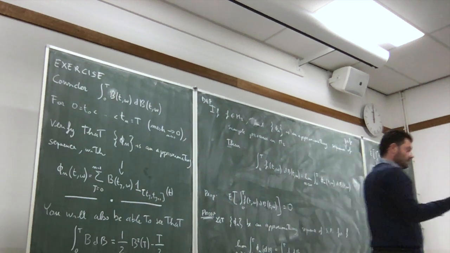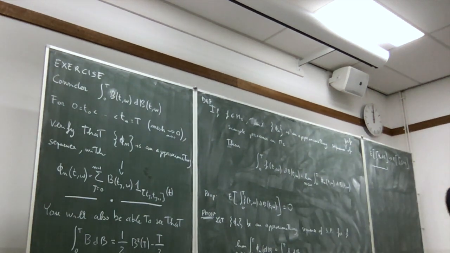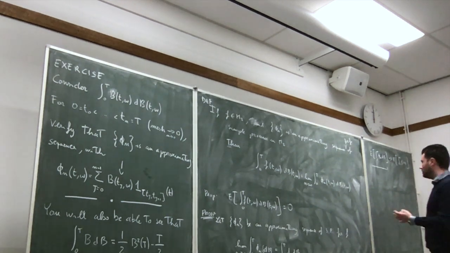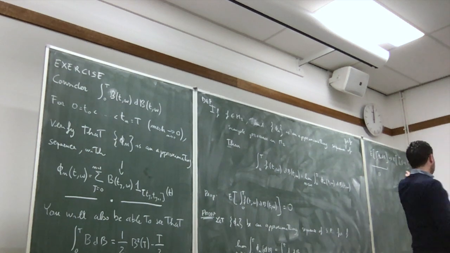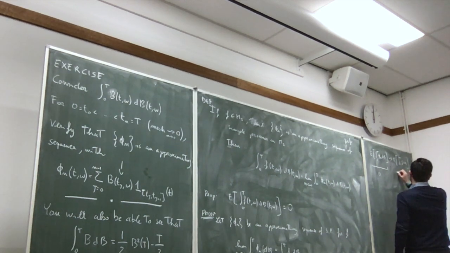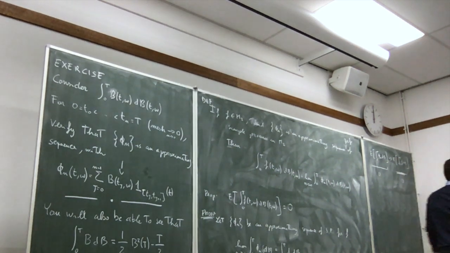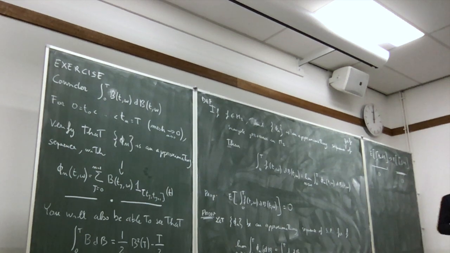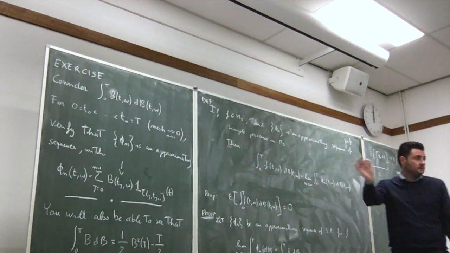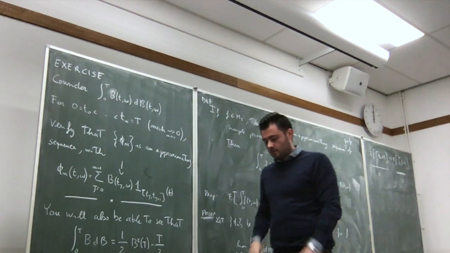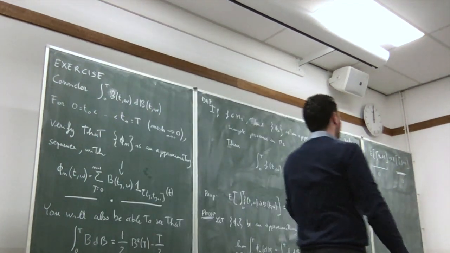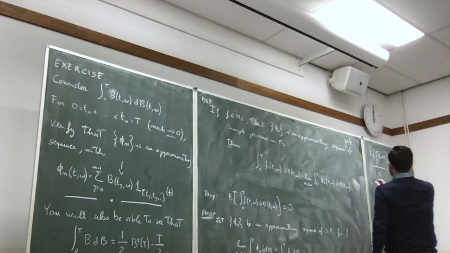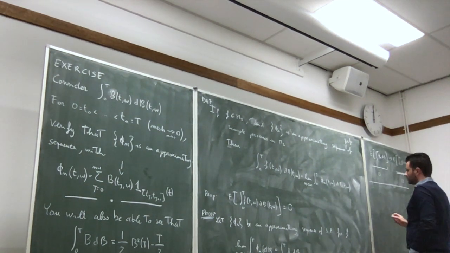It means that the expectation of their product is just the product of the expectations. The Brownian motion increment has expectation 0. Everything is 0. So I have a sequence of zeros that approximate something, so it means that this needs to be 0. Otherwise, it makes no sense.